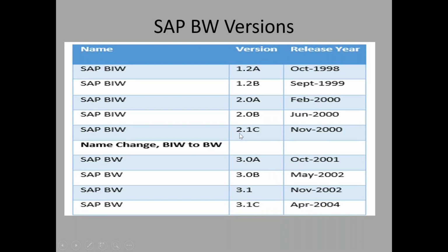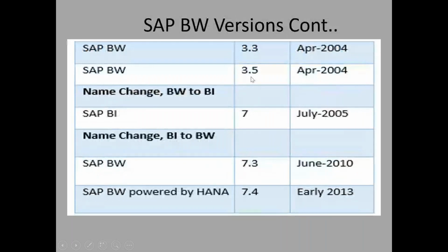After 2.x, once they started releasing version 3.x, the first version being 3.0a, they renamed it from BIW to BW, from Business Information Warehouse to Business Warehouse. It stayed BW till 3.5.